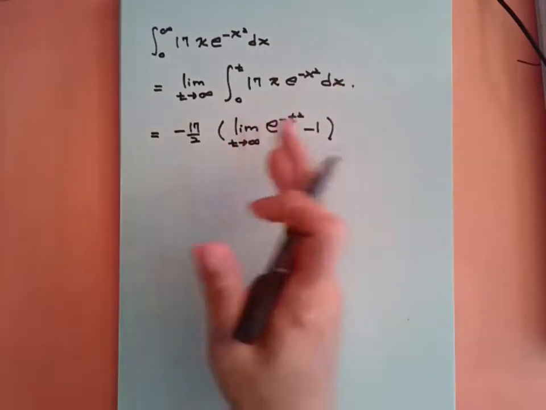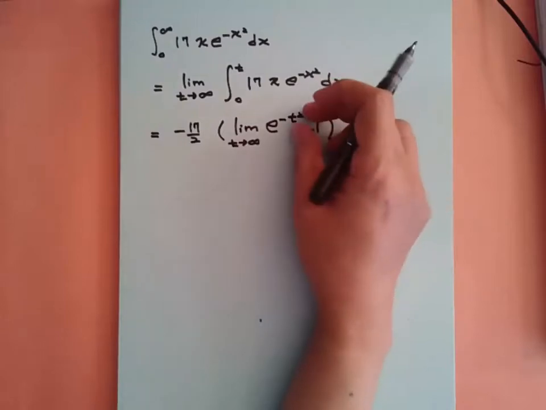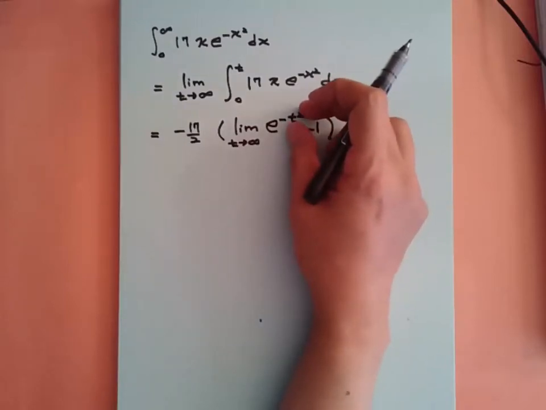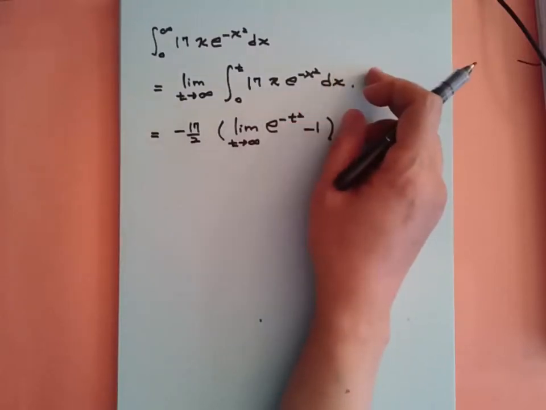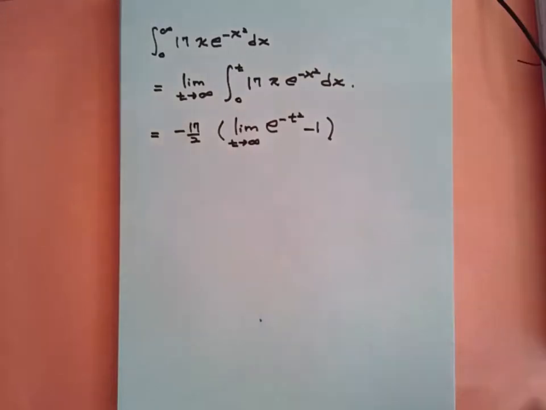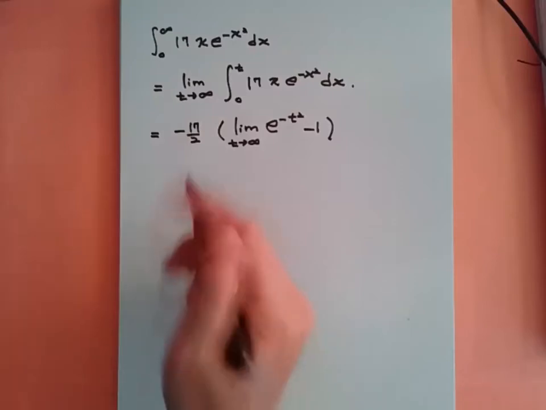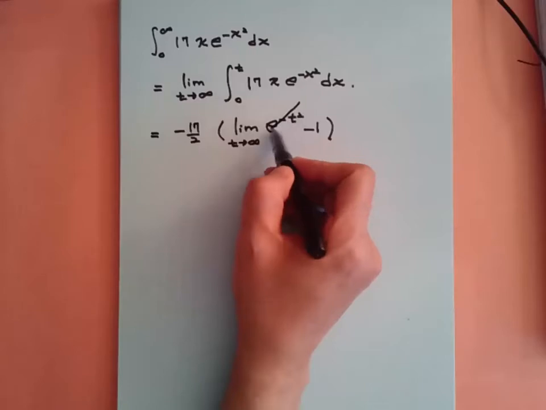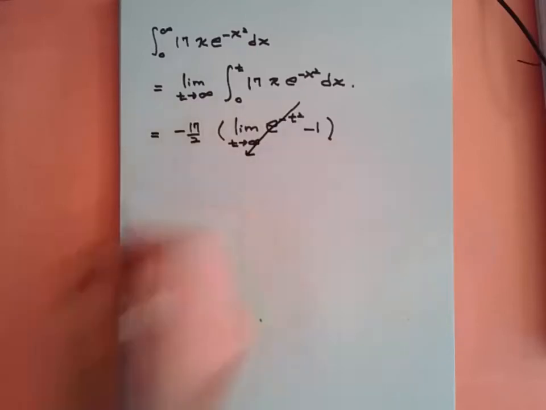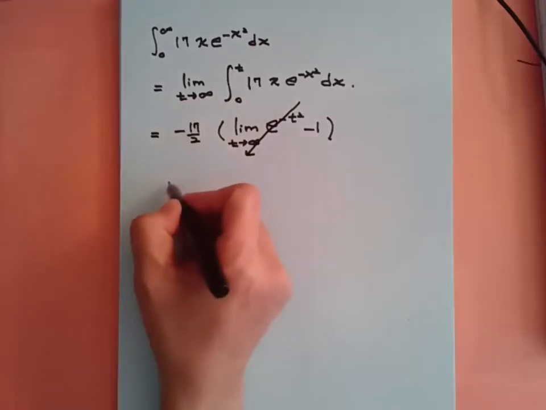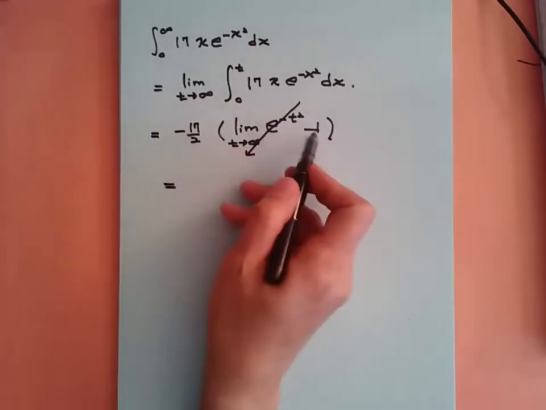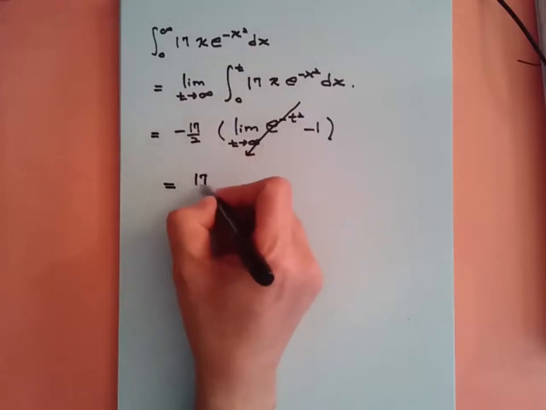And so t goes to infinity will make this t squared go to infinity again, and then 1 over e to the t squared will get smaller and smaller because e to the t squared will get larger and larger, right? And so what I'm saying is this vanishes, and when we multiply these two together, that is 17/2.